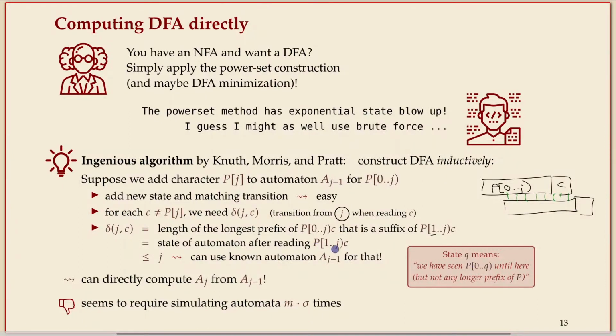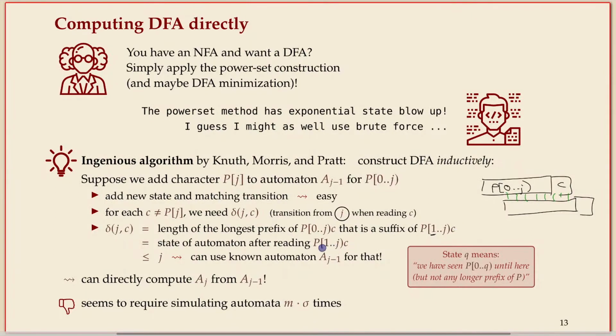So if we feed the automaton that we already have with this string where we omit the first character, it will have to end up in some state, and that state will not be more than j. If it was more than j, it would be j plus 1, and that would mean that c is the next matching character. But we're in the case where that's not the next matching character.